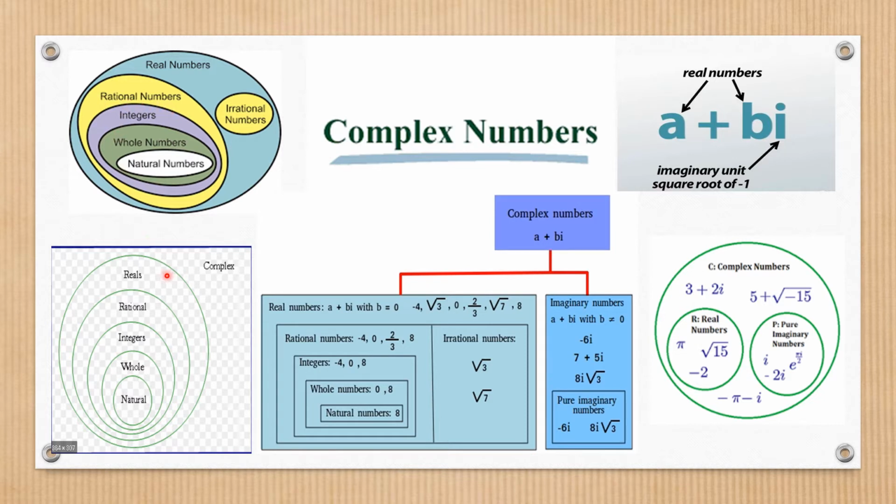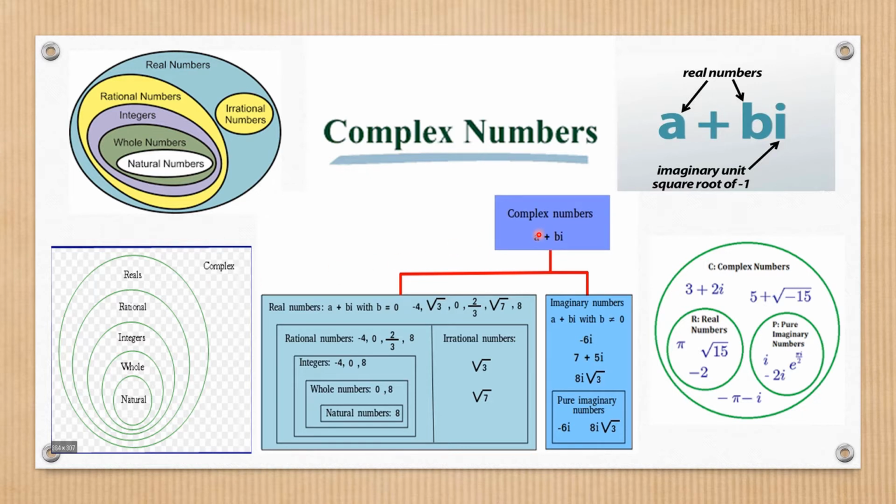Now, if some number system is not included in these real numbers, that is, neither natural, whole, integer, rational, irrational nor any kind of real number, then that belongs to the complex number category. Now see what complex numbers are.